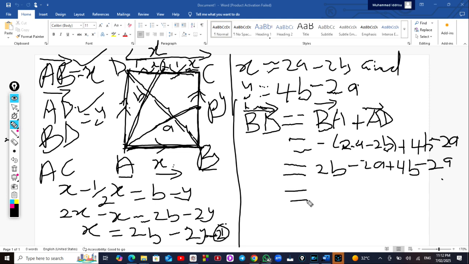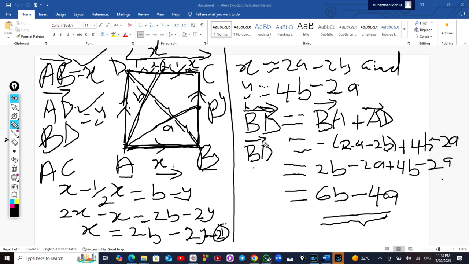So this is equal to 2B plus 4B, which gives us 6B, minus 2A minus 2A, minus 4A. So this is for BD. So that is it. So you can work on the AC. So you see how we've done the BD. You can work on the AC. It's also a triangle.